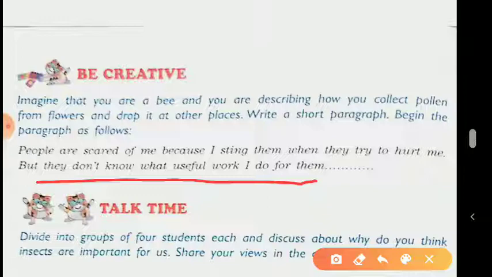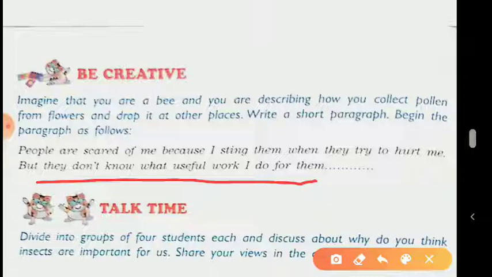So if bees are not there, new plants will not grow, and survival for everybody, because all of us are dependent on plants, will be difficult. So bees are an essential part of the environment and they are instrumental in the growth of the plants.